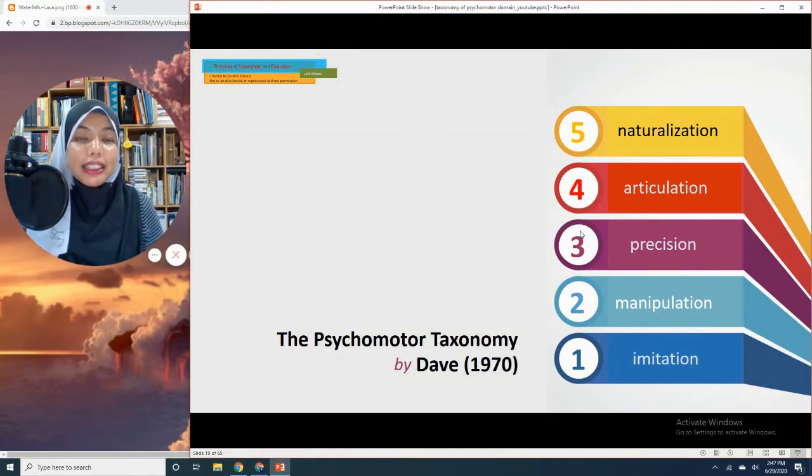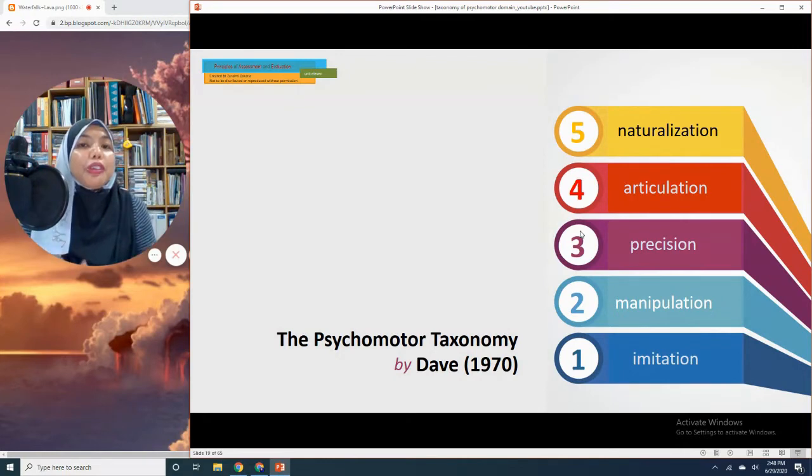This taxonomy contains stages, and if you have an understanding of how these stages work, you can employ this in your teaching, and this is your pedagogy. You know what to do next and what to focus on in each particular level. Okay, so we are going to look from the lowest level, which is imitation.